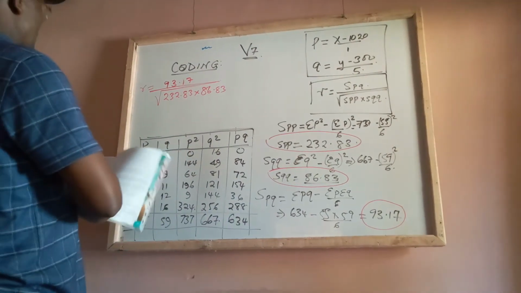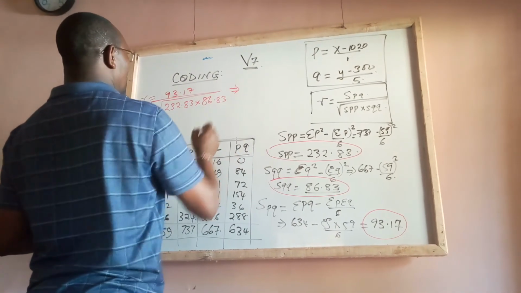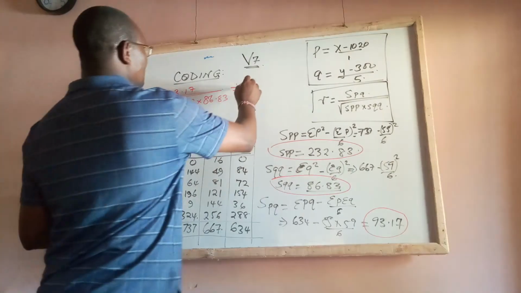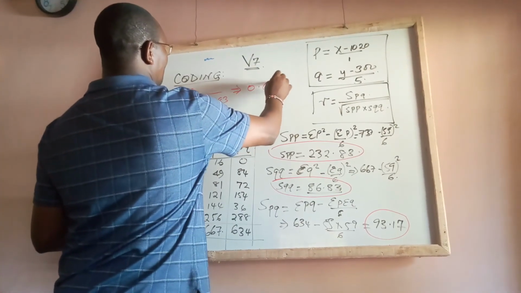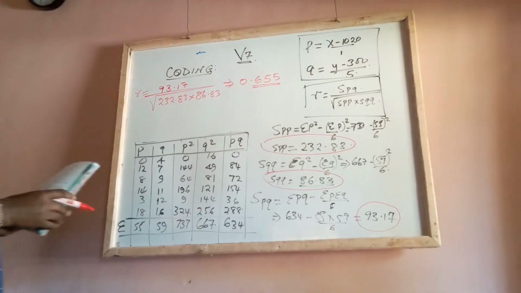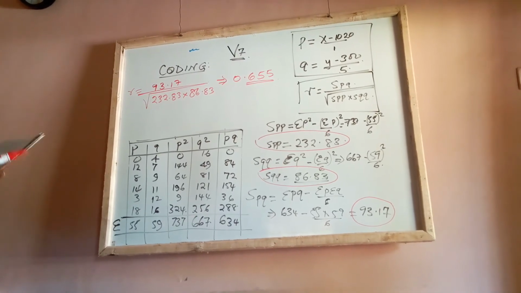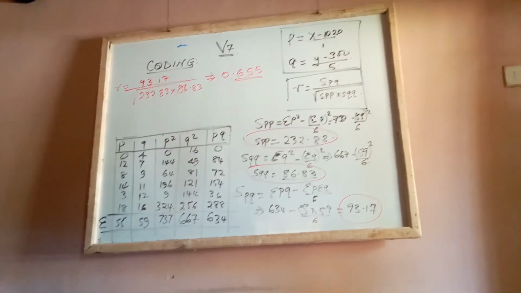With that arrangement, after you use your calculator, you will get your final value of R as 0.655. And that is the product moment correlation coefficient for the two variables X and Y.